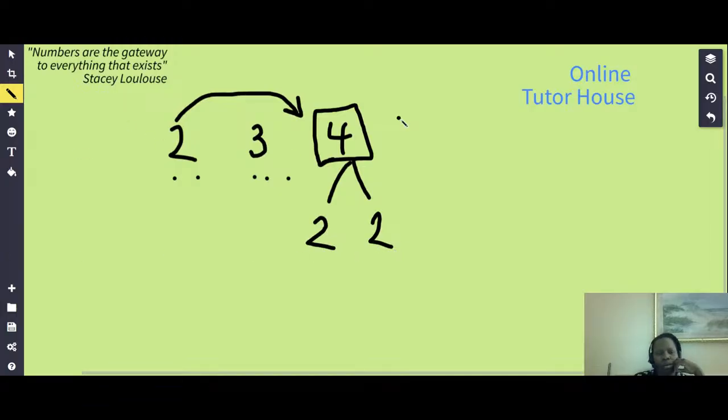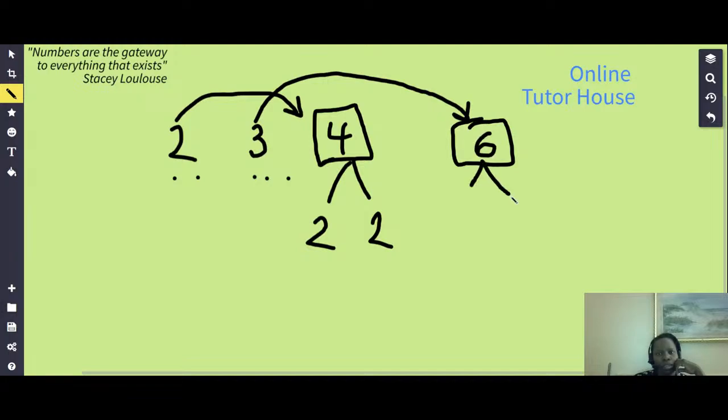All right. Easy enough. How about 3? When we double 3, 3 times 3, we say 6. So that's 2 times 3. Those are the factor trees.